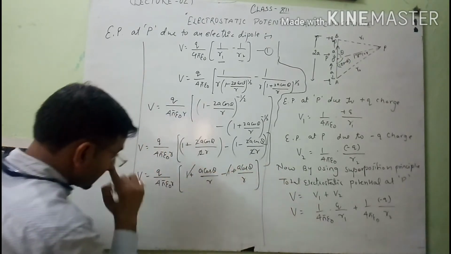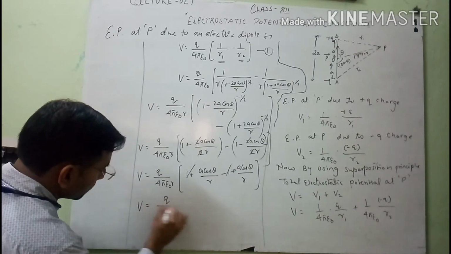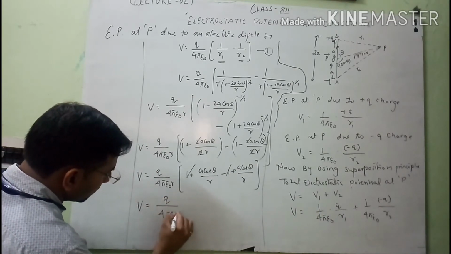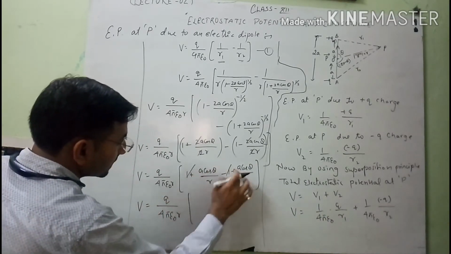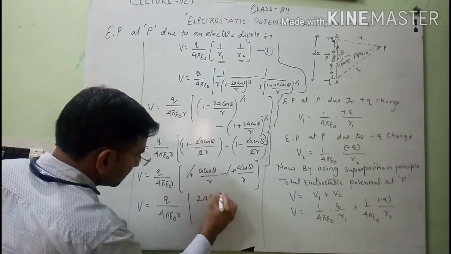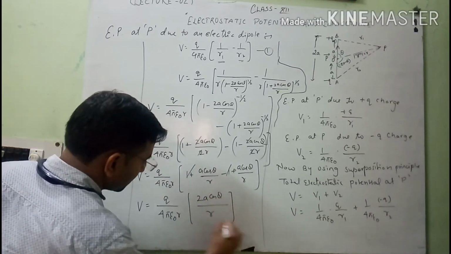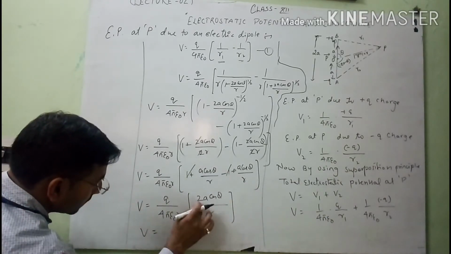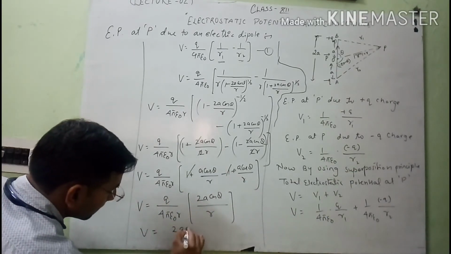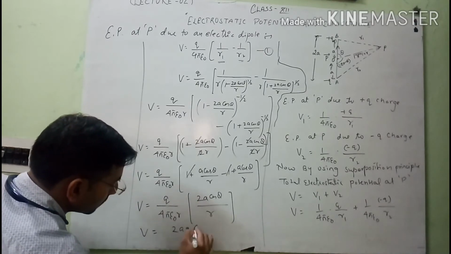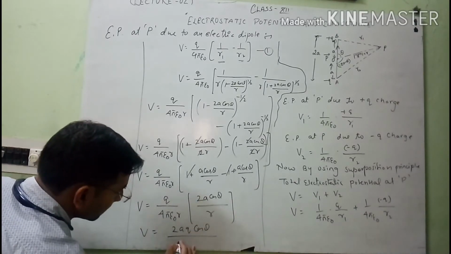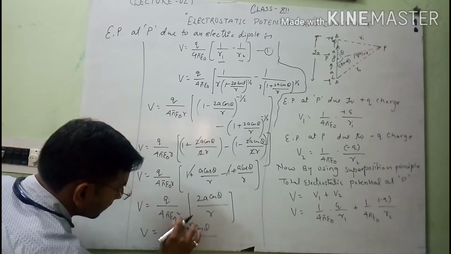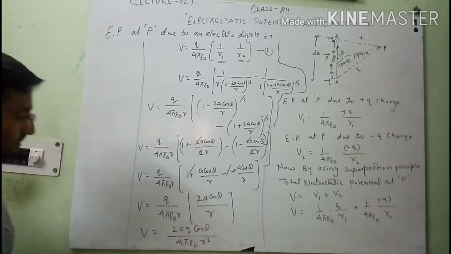So minus cancel. We will write here Q upon 4 pi epsilon naught of R, 2A cos theta by R. So after this, we will write V is equal to 2A into Q cos theta by 4 pi epsilon naught R into R square.